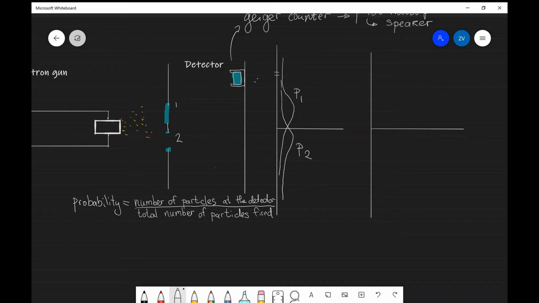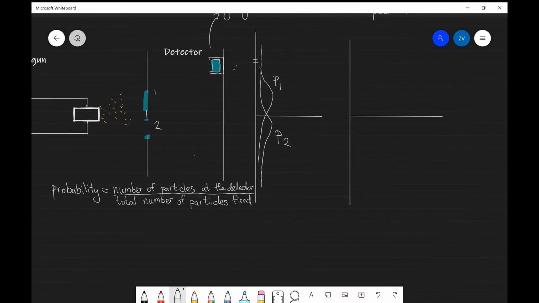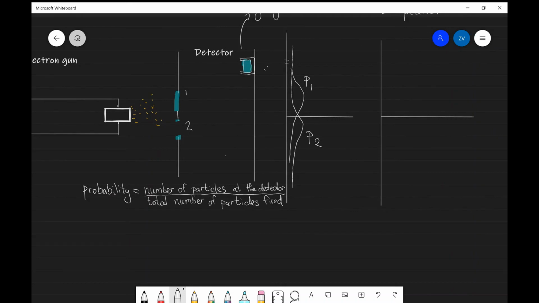So in a way, this is particle behavior. So we can definitely relax. The electrons are definitely particles, and the reason they're definitely particles is because we can hear discrete clicks.